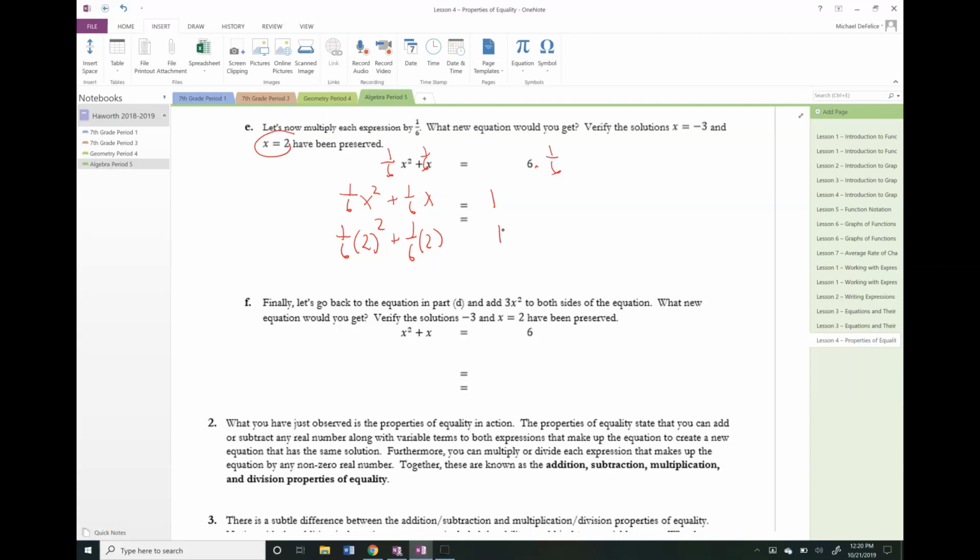So 2 squared is 4. 4 times 1/6 is 4/6. Plus 1/6 times 2 is 2/6. And does that equal 1? Yes, it does. So 2 is also preserved after I multiplied by 1/6.